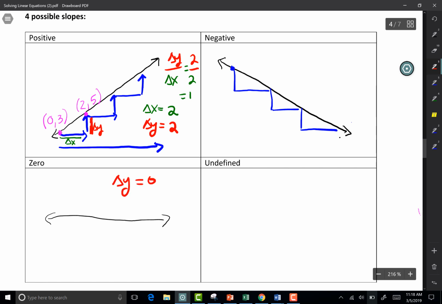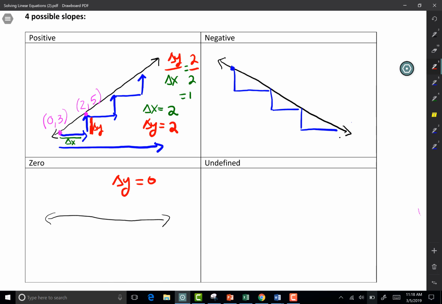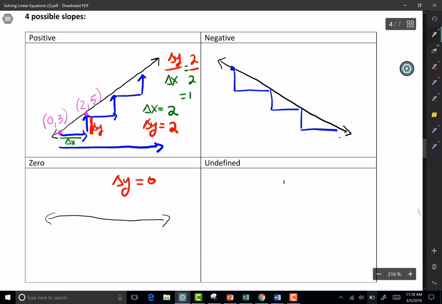There's no height change. It goes straight across. Okay? Then, if I had a slope that's undefined, that means my line is going to be vertical, which means my change in x is 0, because I'm not going in either direction horizontally. I just keep moving up.